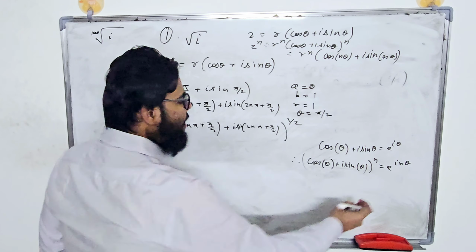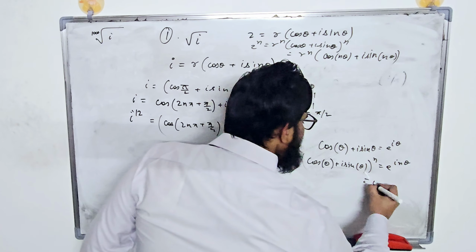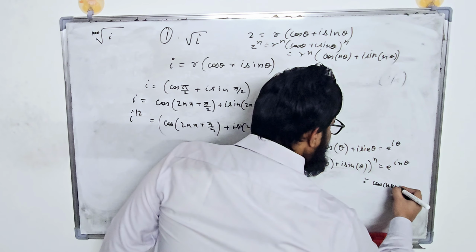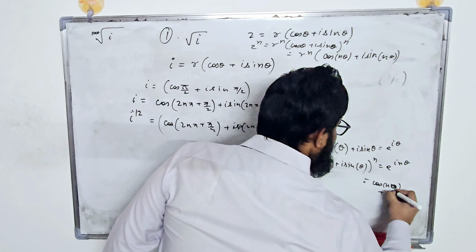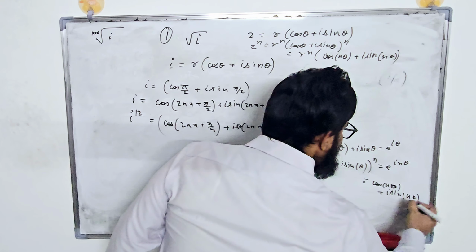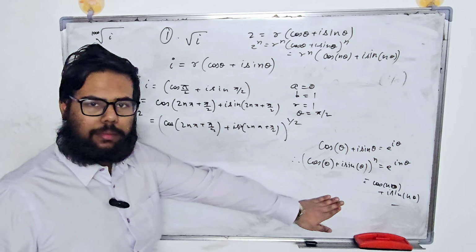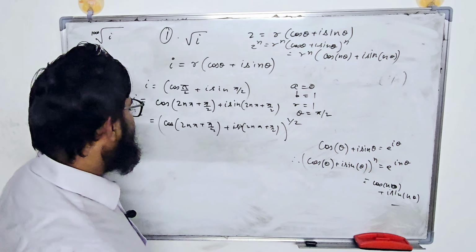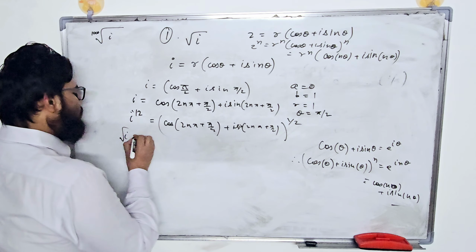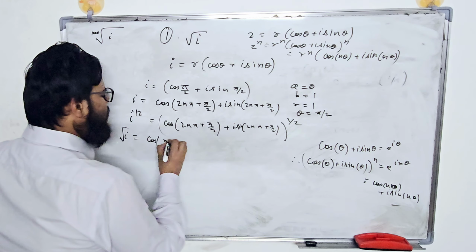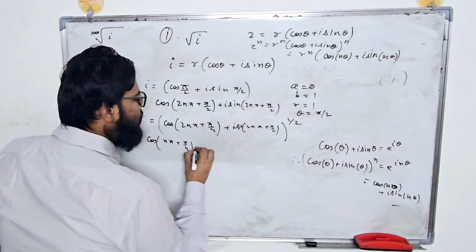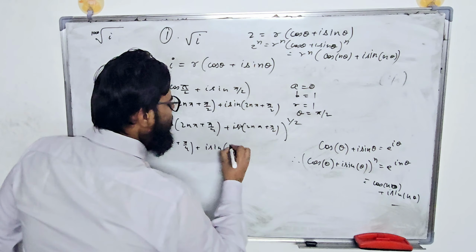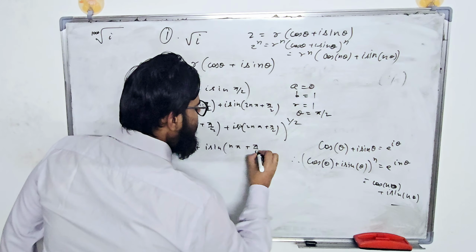So when you open this expression, you get cos of n theta plus I sin n theta. Understood? So likewise we can see over here that the square root of I is equal to cos of (n pi plus pi by 4) plus I sin of (n pi plus pi by 4).